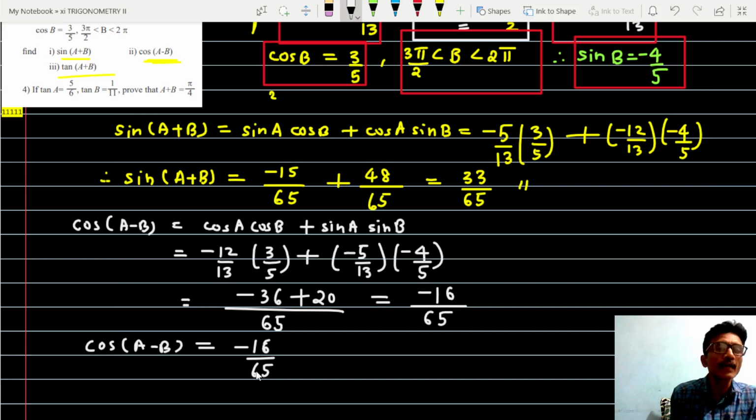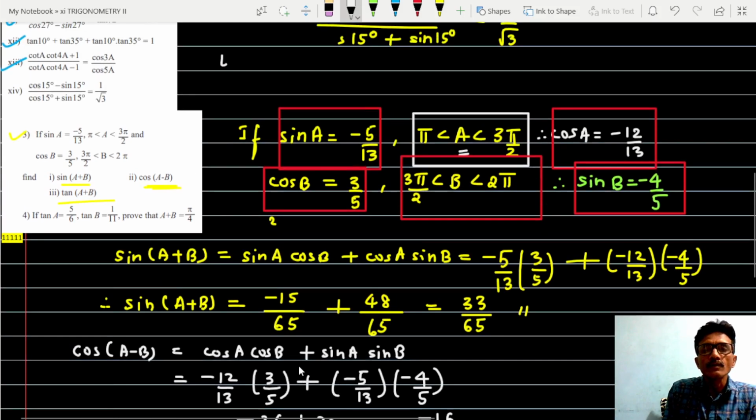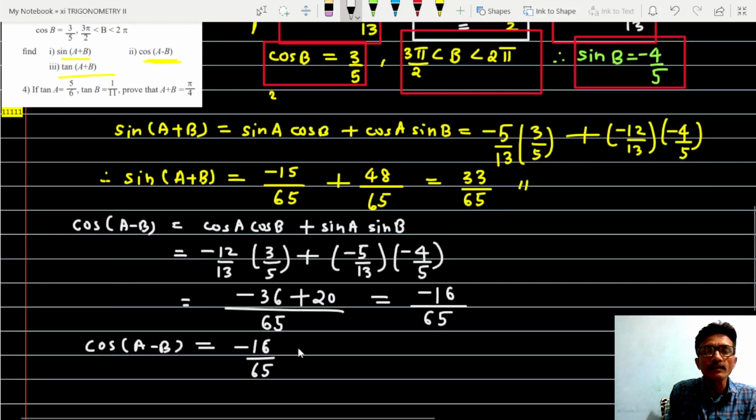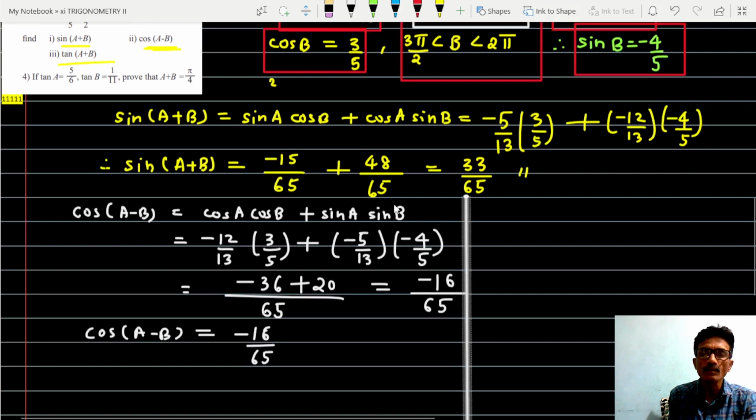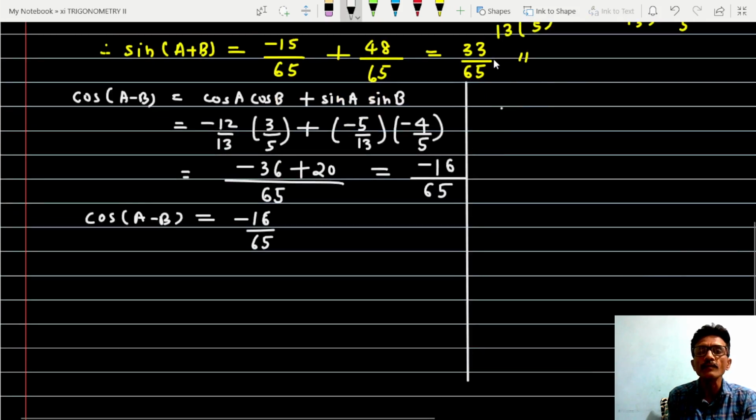Then we require tan of A plus B. Now to find tan of A plus B, we require tan A and tan B. What will be tan A?